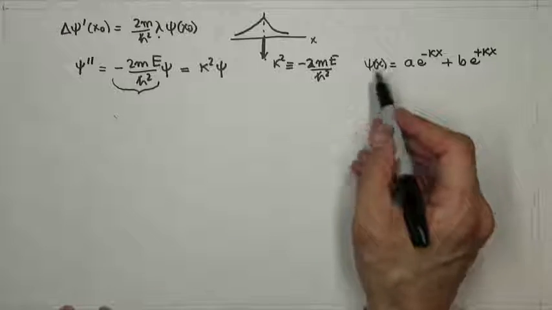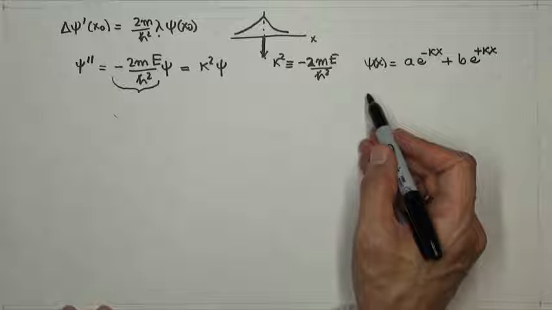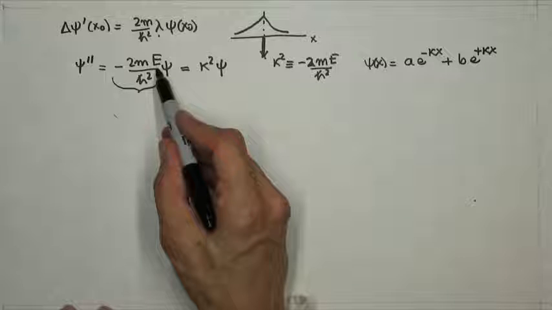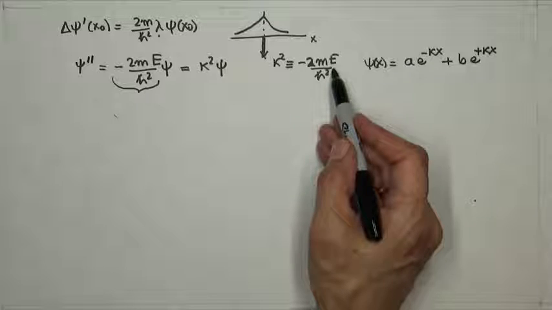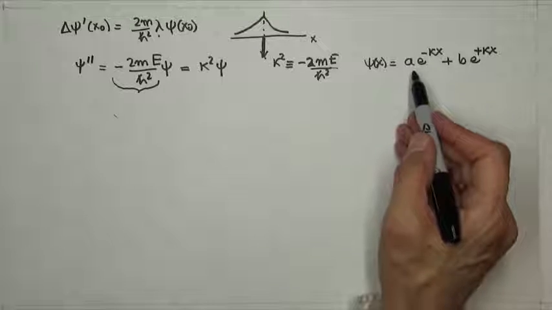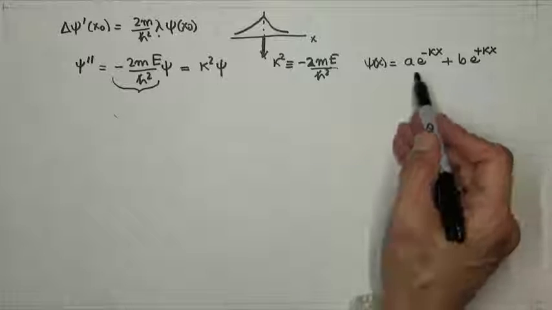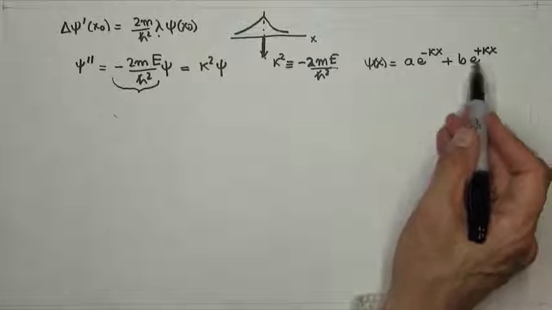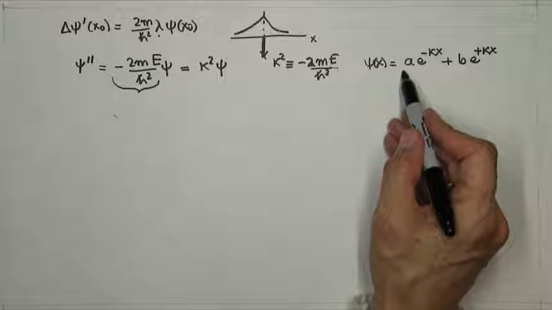This is the general solution for the wave function in between the delta functions, where the potential is 0, given that we have a bound state that we're looking for, which has, as any bound state, negative energy. So let's try to understand this type of function. If you have a psi that has a decaying exponential and a growing exponential, it is a fact that this wave function can only be 0 at one point.